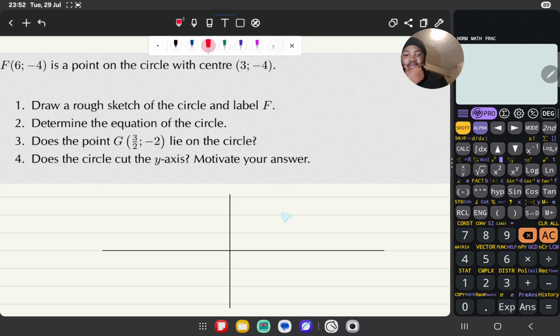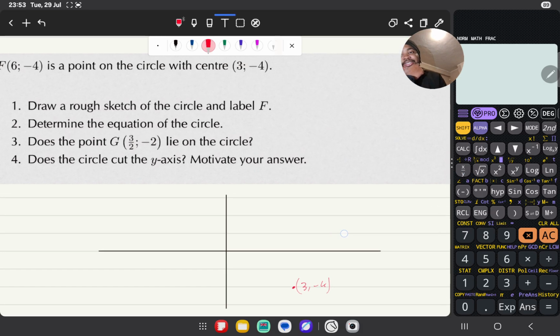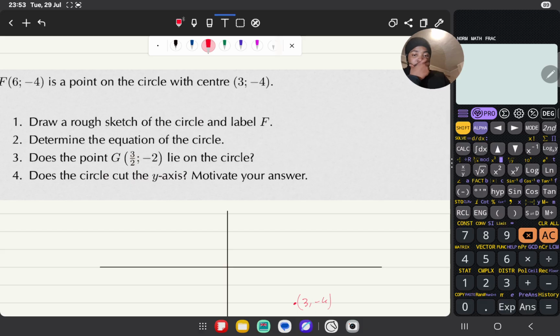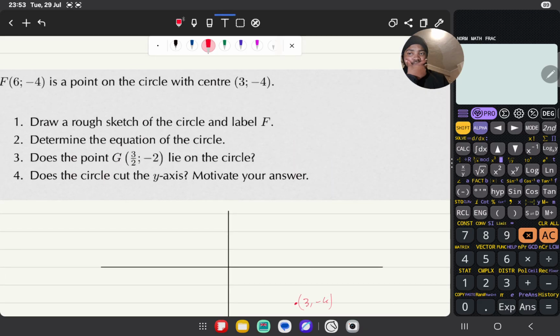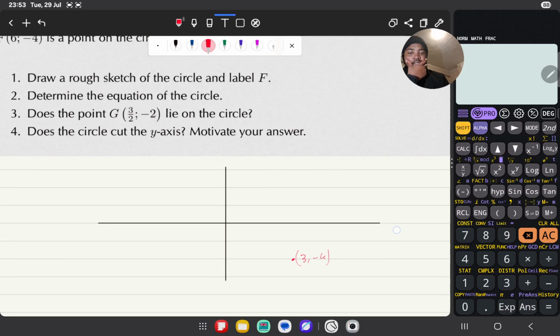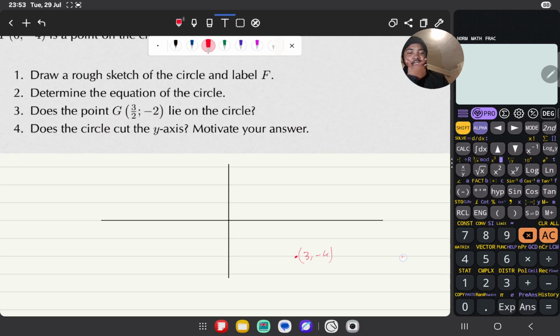Here's the center, (3, minus 4). Say this is the point. And where is the point that is on the circumference? It's (6, minus 4). So it's going to be somewhere here.